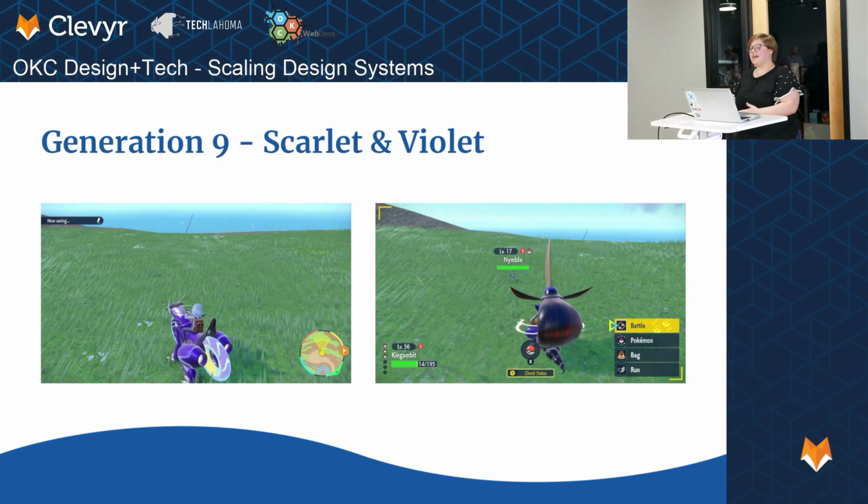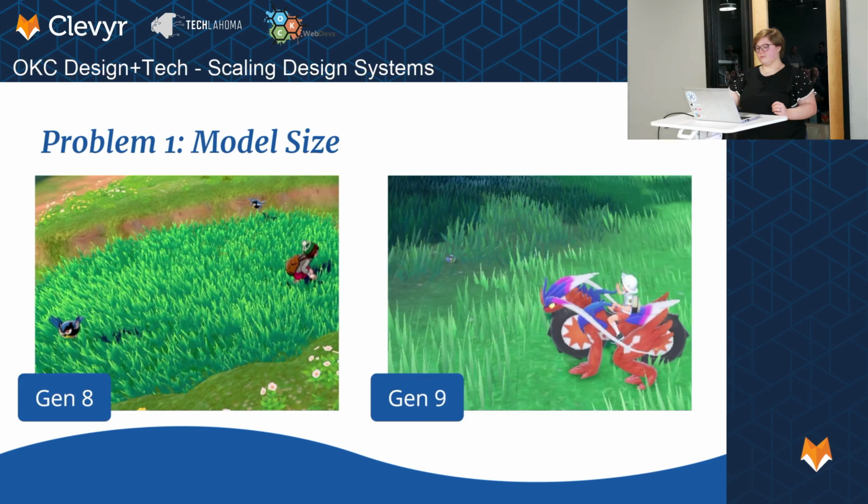In Scarlet and Violet, though, battles take place in the overworld, so all Pokemon have accurate models at all times. So Pokemon of different sizes have accurately sized character models in the overworld now, meaning that smaller Pokemon, like this bird Pokemon Rookidee here, are almost impossible to see, especially when you consider that the Switch screen is about this big.